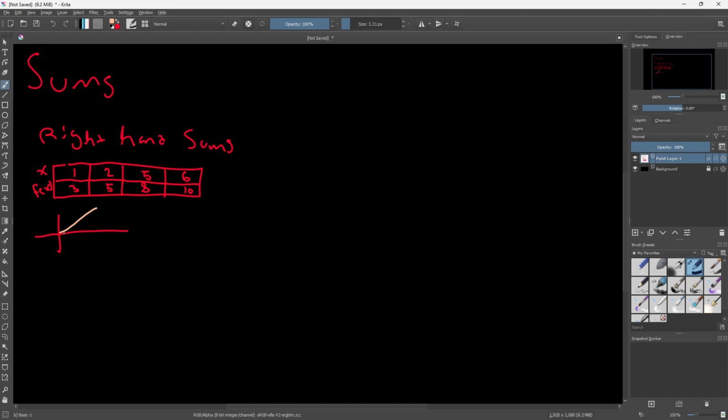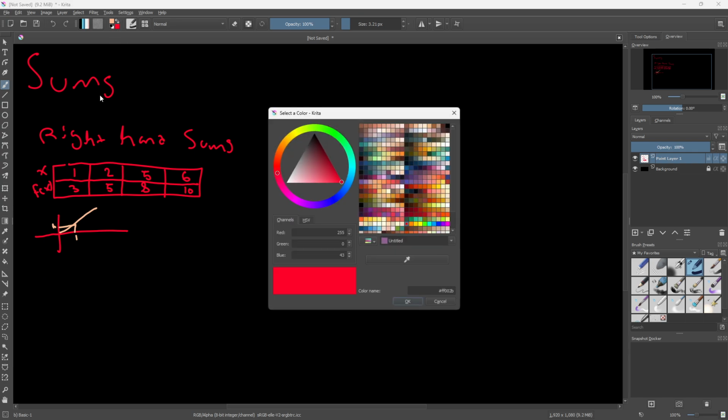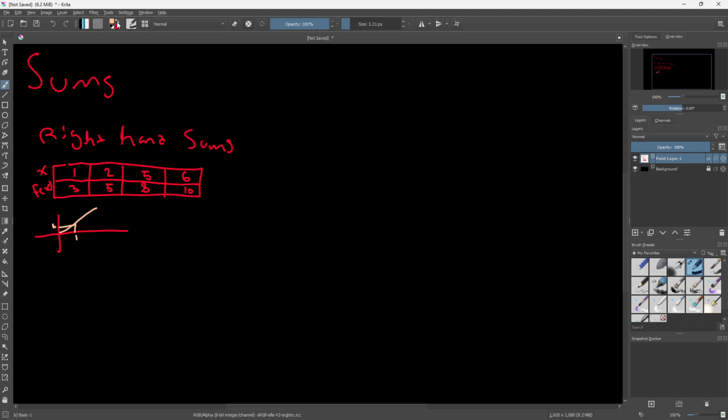Now, if we're going to 1, right? Let's say this is 1, and we're making a rectangle, right? So this is the height up to there, and this is the base, and the area of a rectangle is height times base. So area equals height times base.